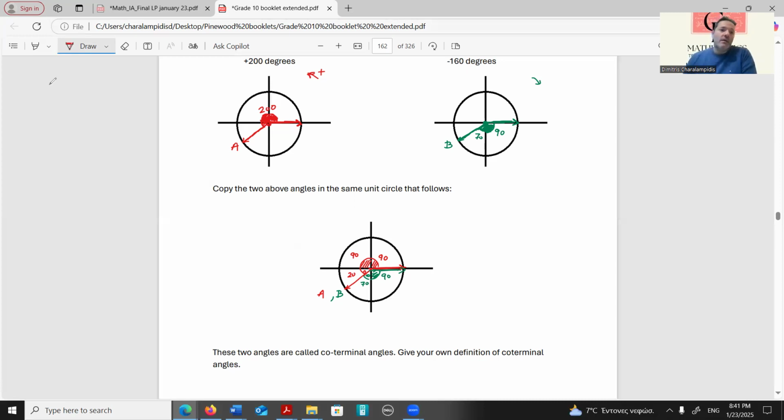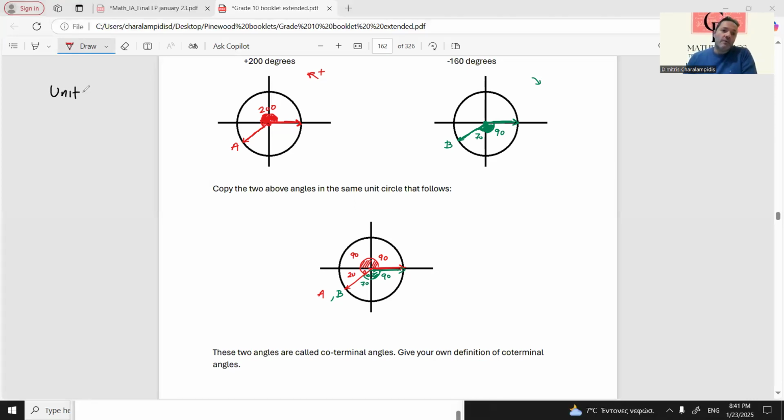Remember that on the unit circle, we introduced a sort of a poem. I'm going to rewrite it here. We said that after drawing an angle theta, we look at the endpoint. And the poem was like this.